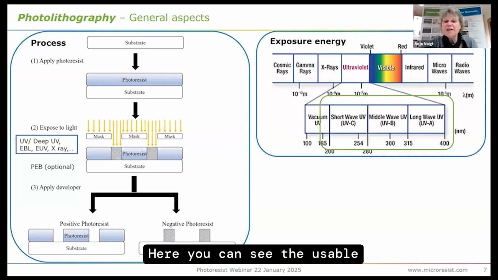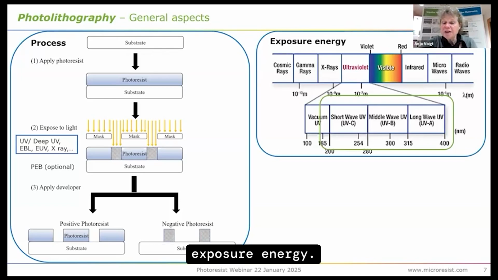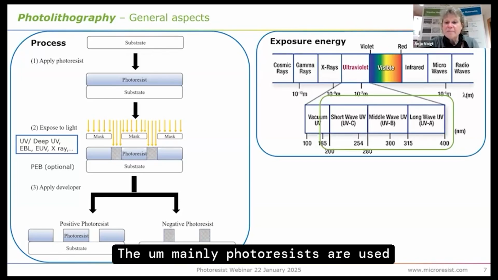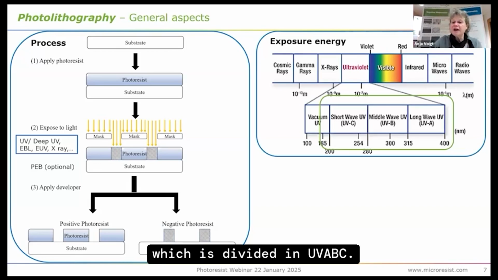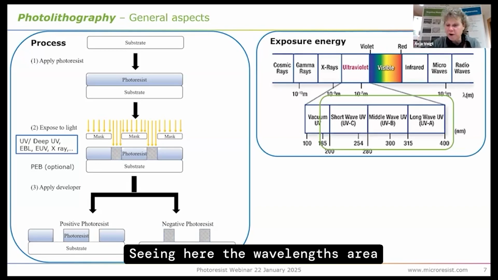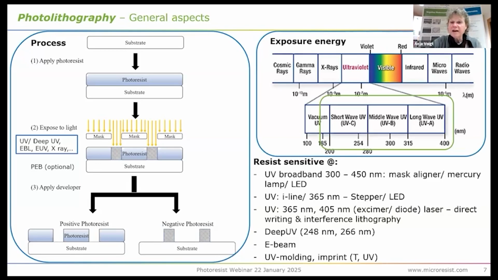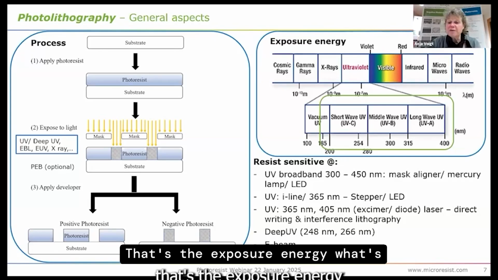Here you can see the usual exposure energy. Mainly, photoresists are exposed using UV light, which is divided in UVA, B, C, seeing here the wavelength areas they cover. That's the exposure energy that's available.